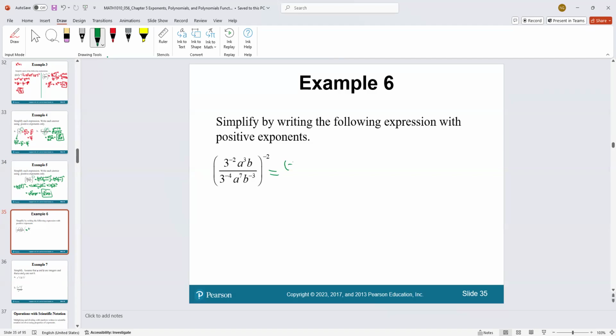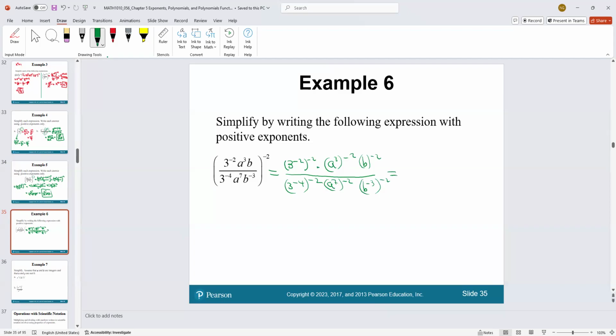You know what? Let's just do it this way. Negative 3 power -2 power -2, a power 3 power -2, b power -2. Let's go with the bottom part. 3 power -4 power -2, because I will give each of them their own. A power 7 power -2, b power -3 power -2.